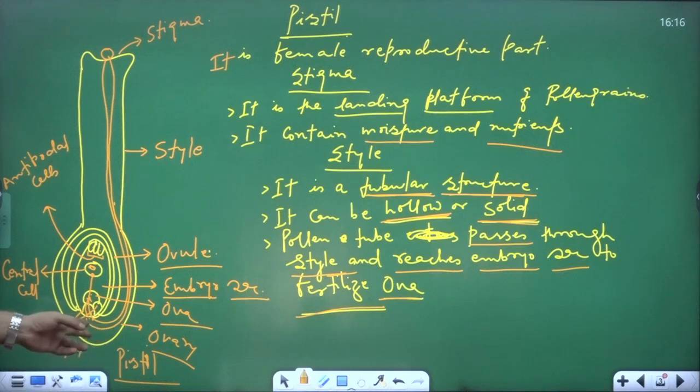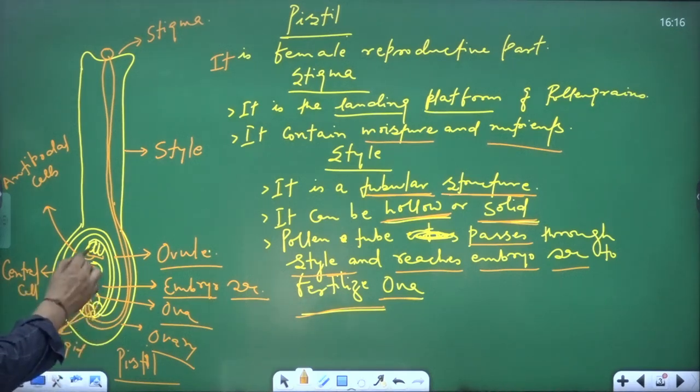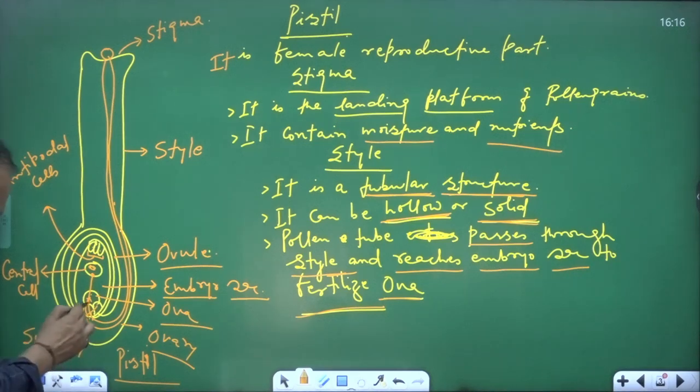So after the entry of pollen tube, this synergid degenerates, antipodal cell also degenerates, and it combines with the ova to form zygote and combines with this to form endosperm, right? Clear? Okay, that we will discuss later on.